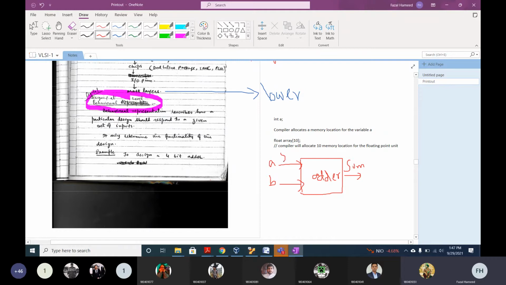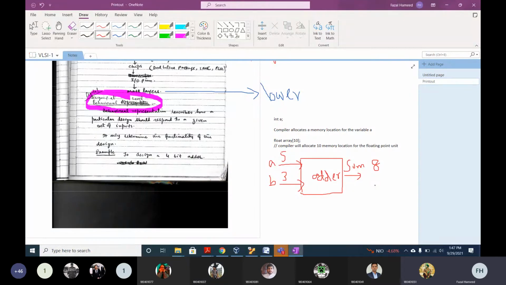If I add 5 and 3, what will be the result? 8. So now this is the behavioral description of an adder. You got my point or not? It's very simple.